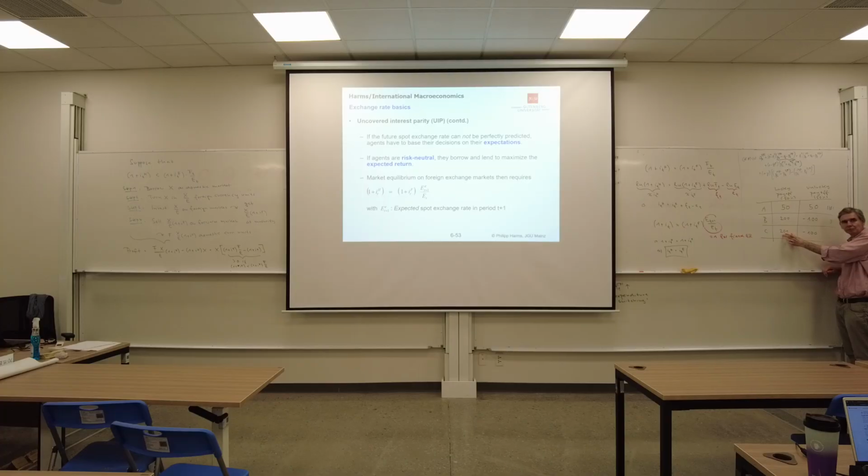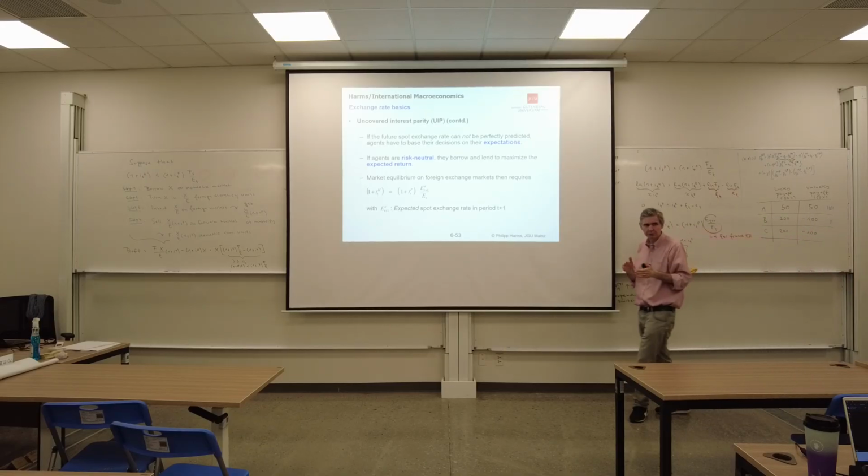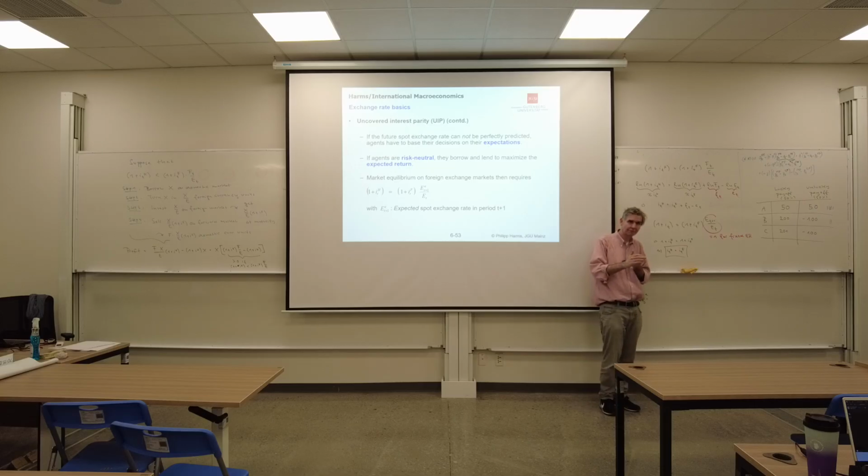Now, a risk neutral person would certainly go for this. It would never pick that or that because it would say this has the highest expected payoff. All right? So risk neutrality means you just go for the investment alternative with the highest expected payoff. And this is what we're putting into uncovered interest rate parity, right? And this is an important assumption which you might of course debate.